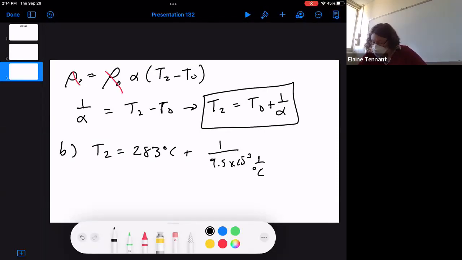Do we expect something larger or smaller than 283? If 283 is our base and our resistivity is larger at T2, do we expect T2 to be more or less than T naught?